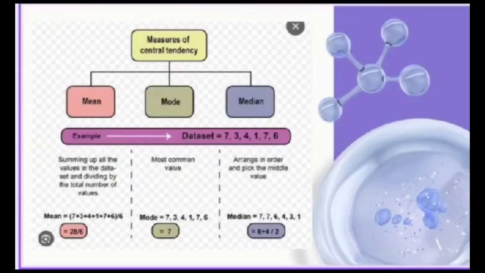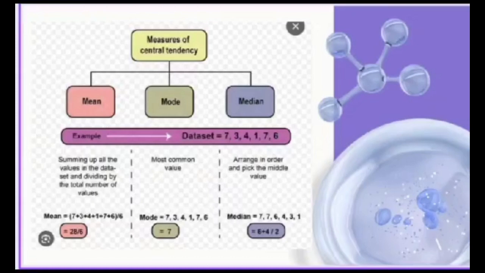Last is to find the mode. The value that appears most in our data set is our mode. In our example data set, which includes the values 7, 3, 4, 1, 7, and 6, we look for the most common value that repeats.